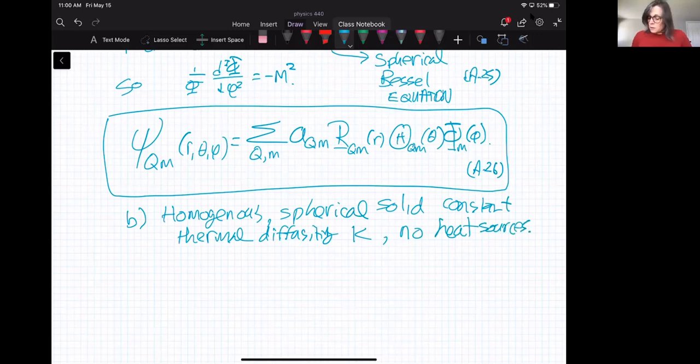What do we do? Well, that means the differential equation we're looking at is du(r,t)/dt equal to K, the diffusivity constant, times del squared u(r,t).